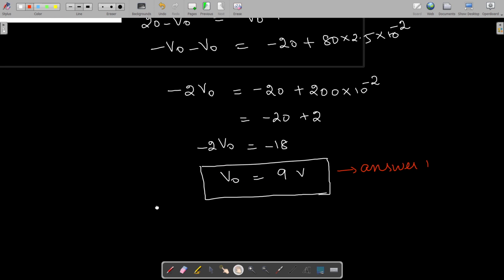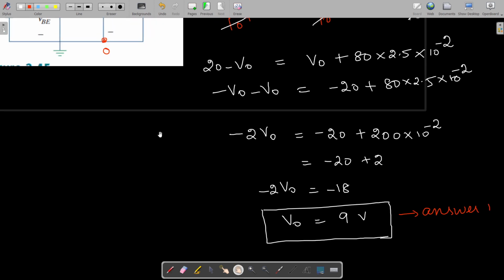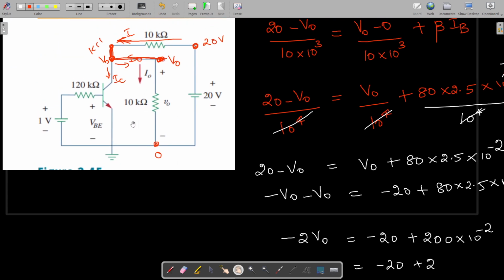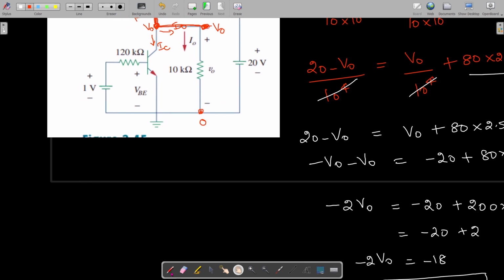And we have to find I0. If you check the problem here, I0 is the current flowing through this 10 kilo ohm resistance, and the voltage across it is V0. We have found V0 as 9 volts. So I0 is equal to V by R, that is V0 by that resistance R0.